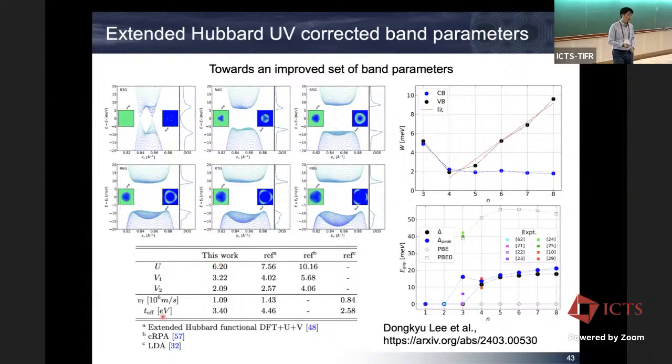And we can calculate these parameters from ab initio. Then in these cases, the expected band gaps of the system, at least up to four layers, are consistent with the experimental measurements.